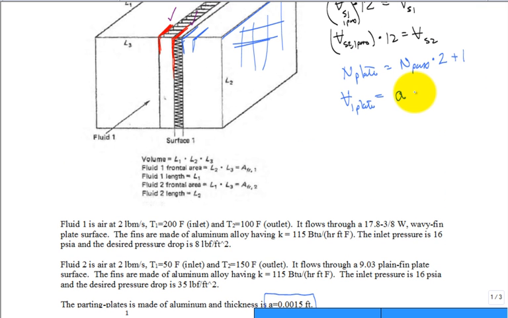And then the dimension is L2 times L3. So that gives me the volume of one plate, and then I can percolate that to get the volume of all the plates. It would be the number of plates times the volume of one plate. Okay.